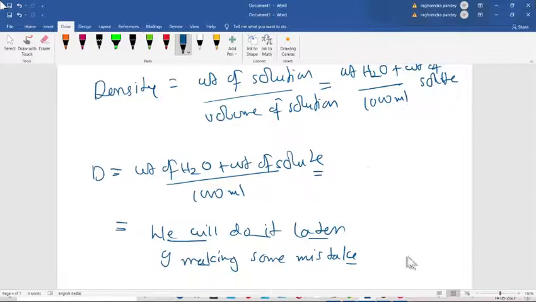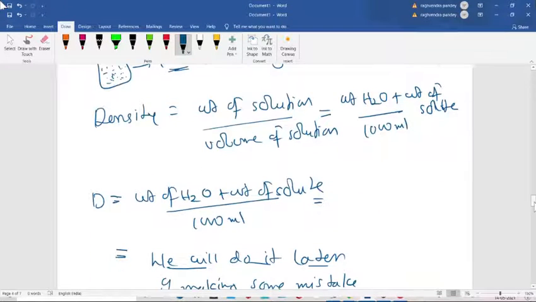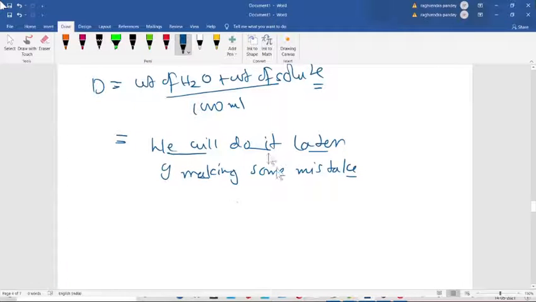Okay, it's not coming to my mind what I am doing wrong. So we will do it later, maybe on Monday. On Monday we will do the one concept. Okay, let's leave that one.